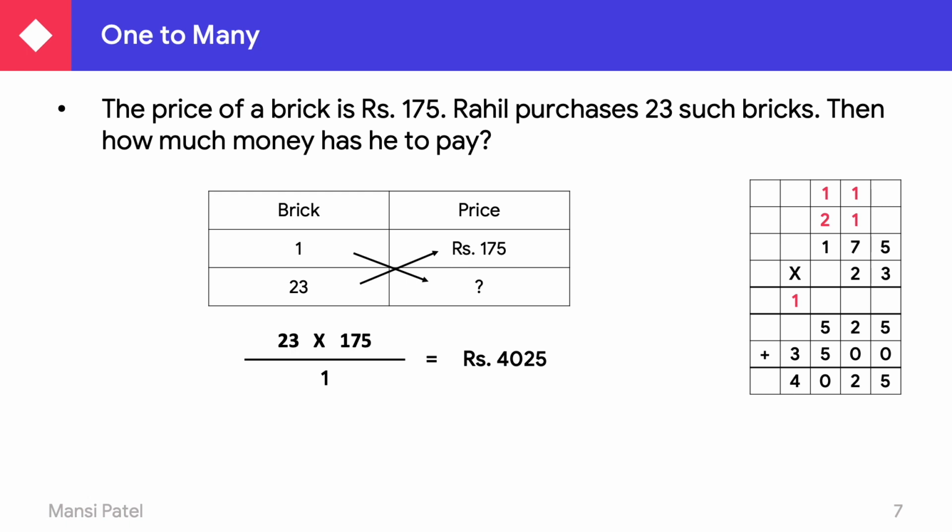And your answer is 4025. The unit of our answer is rupees, so you have to write down rupees. Your answer is: Rahil has to pay rupees 4025.